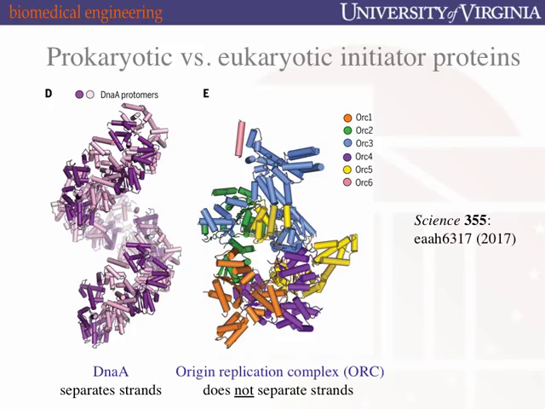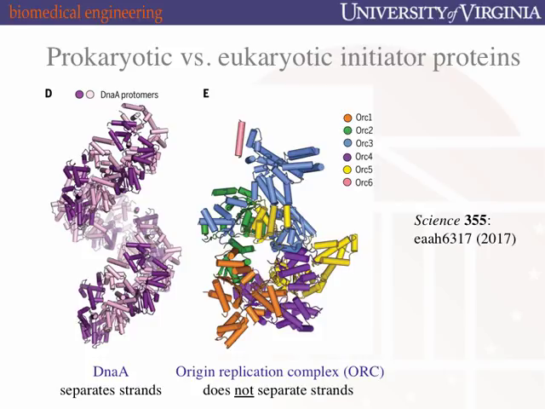In us, we have what's called an origin of replication complex, called ORC, which is a multi-protein assembly of 6 subunits here, each one color-coded, ORC 1 through 6, forming this hexameric complex that binds to origins of replication. ORC does not separate the strands.